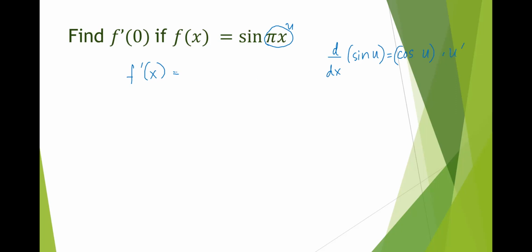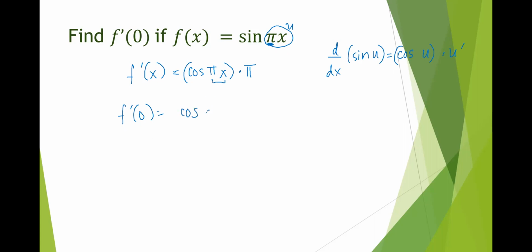Okay? So, guided tayo ng formula natin. So, that's cosine of pi x times derivative of our u, which is, diba sabi natin pag ganito, we just have to pick up the coefficient. So, that will become pi. Okay? So, if we're getting f prime of 0, substitute natin si 0 to our variable x, this will become cosine of 0.